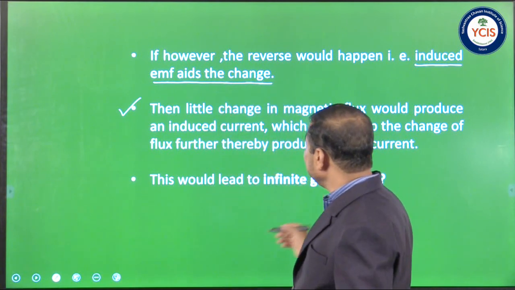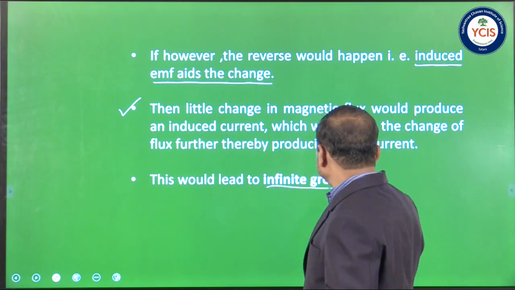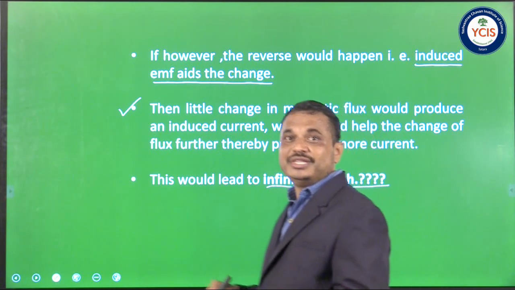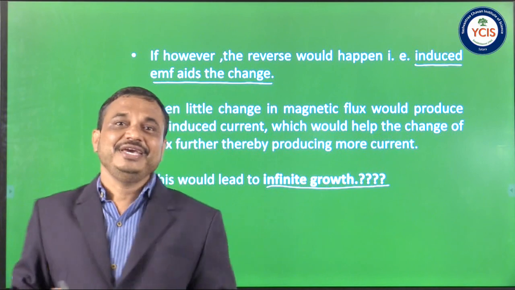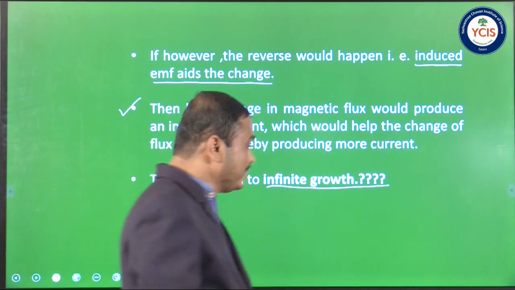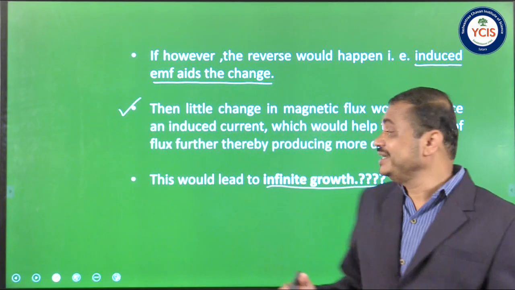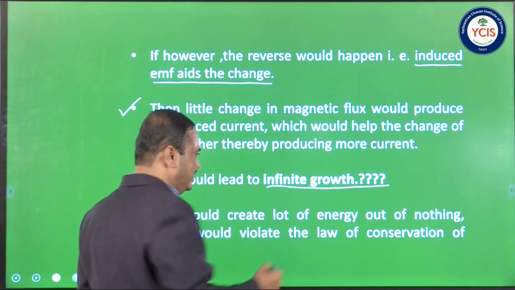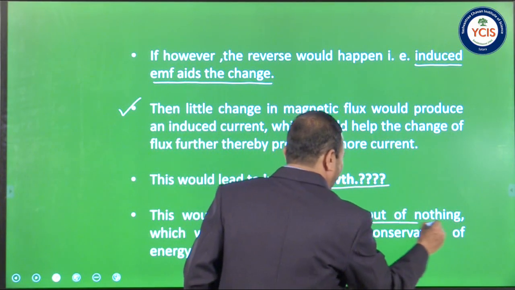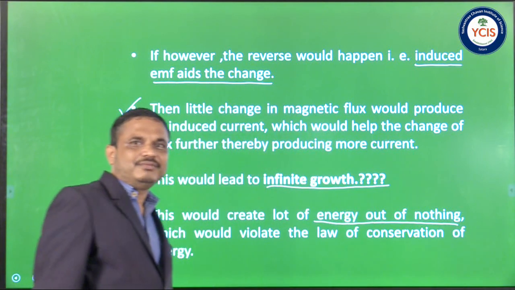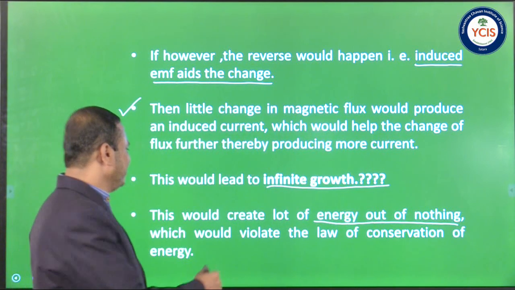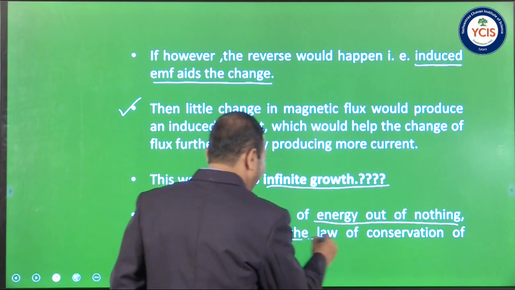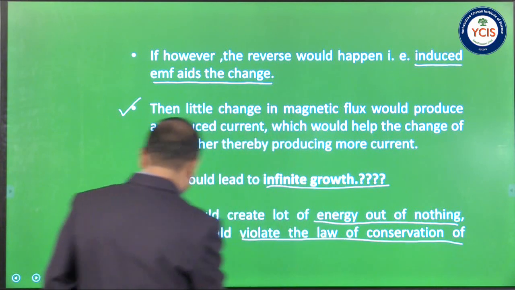And if the rate of change goes on increasing, this results in infinite growth of induced EMF without any expenditure. So this would create electric energy out of nothing. But it is not possible because it violates the law of conservation of energy.